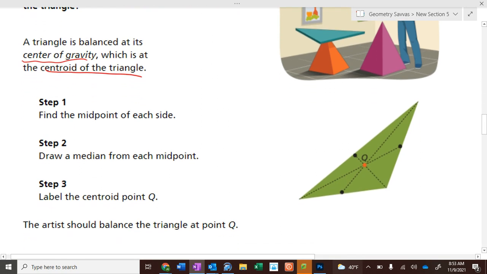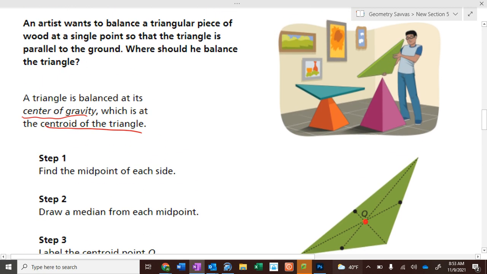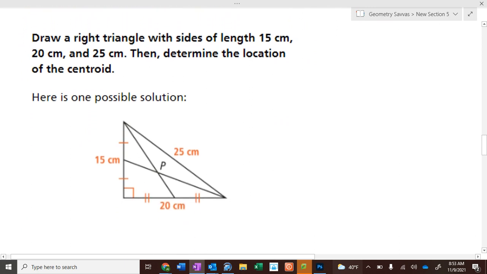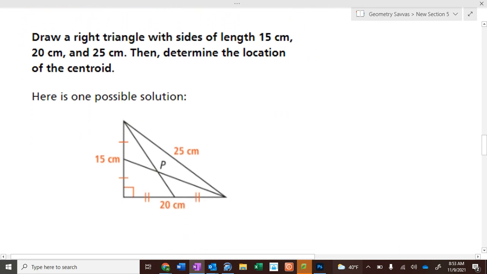So what we have to do is draw the medians of each side of the triangle. Where those intersect, that's where you should put the triangle on top of that tiny little point. If it goes right on there, it should balance at a place that is parallel to the floor. Okay. So that person drew a right triangle of 15, 20, and 25 centimeters. Determine the centroid.